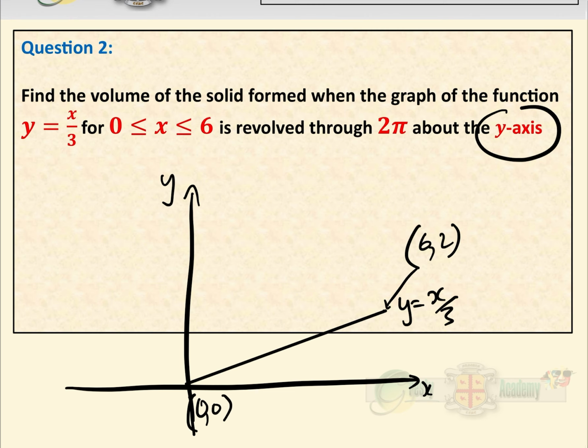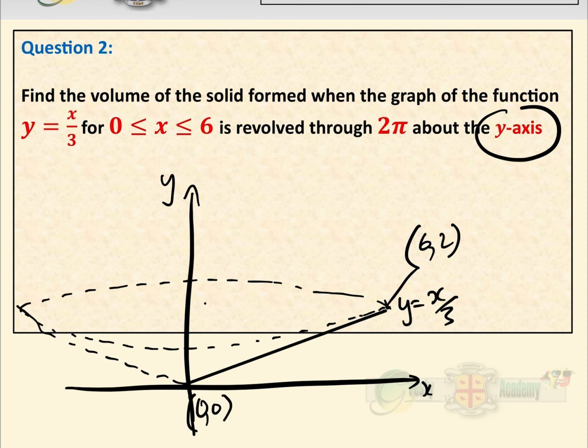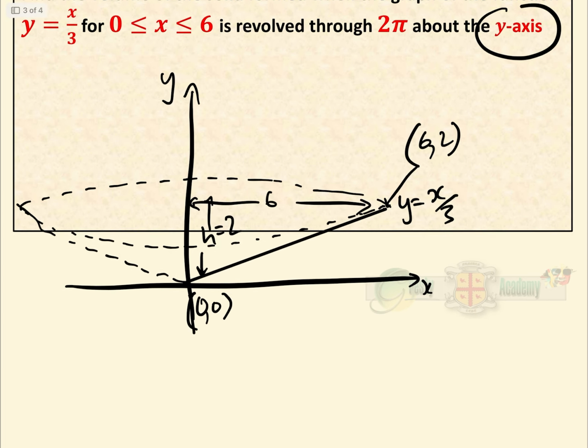So basically, it's going to take up all the space here, we are going to revolve it around here like that, and we still get a cone, but this time the cone is going to have a height of 2 and it's going to have a radius of 6. So again, before we use our volume of revolution, we can actually work out what the volume of this cone would be.